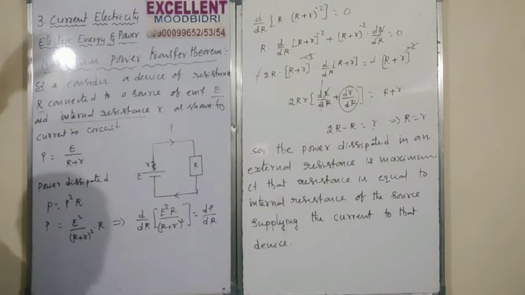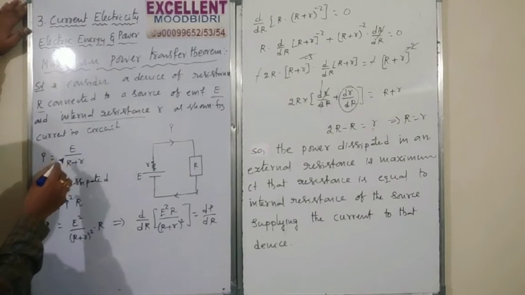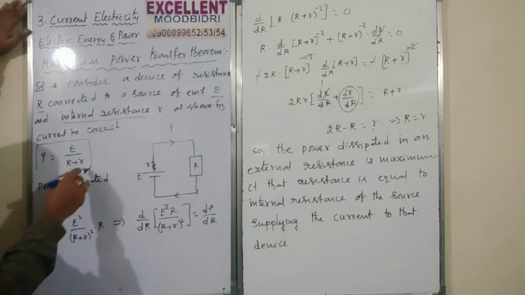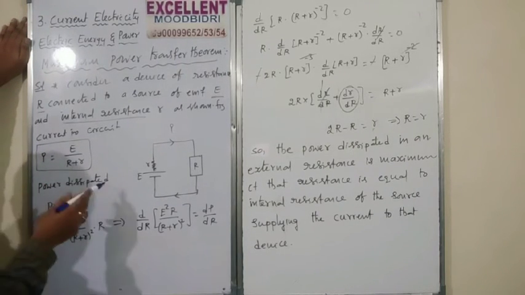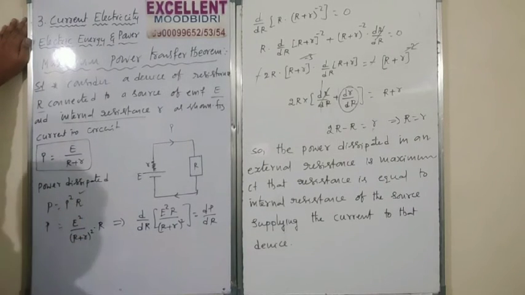We will see. Now in this, the current formula is I is equal to E divided by R plus r. Yes or no? We are familiar with this formula. Now the power dissipated formula.